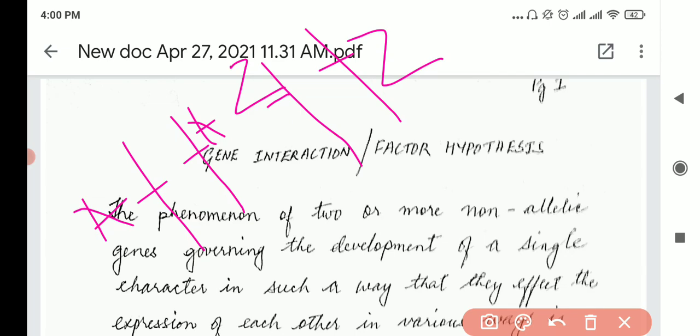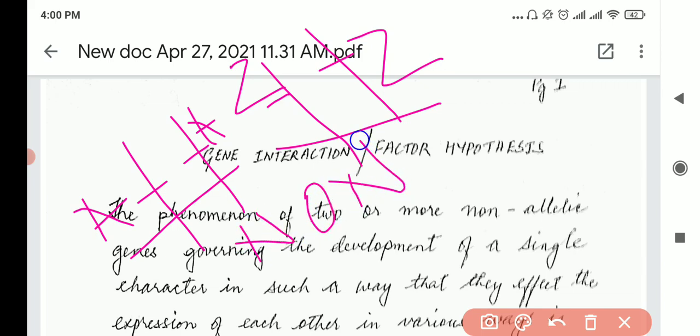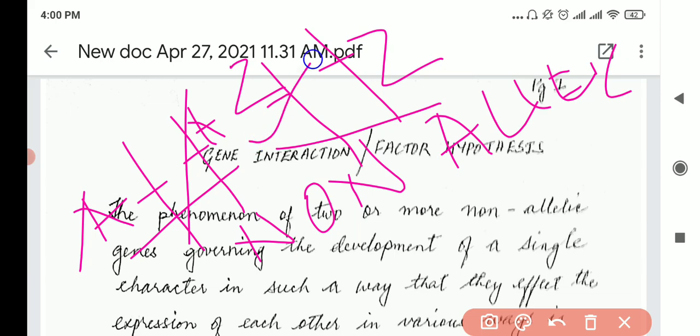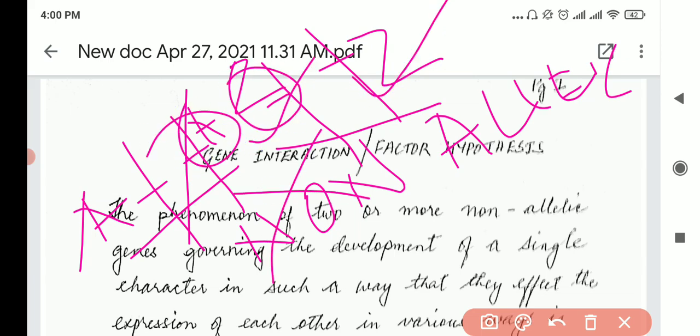So can I say that A alleles and Z alleles are non-allelic? Why not? Why can't I say? Yes, I can say, because A and A is an allele, yes. Z and Z is an allele, yes. But A and Z are non-alleles, so we can use that term.